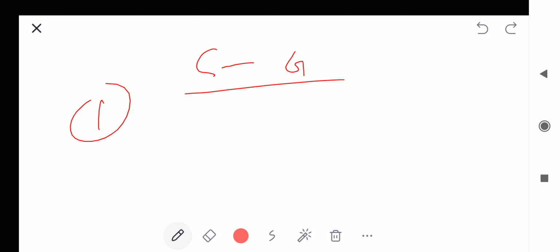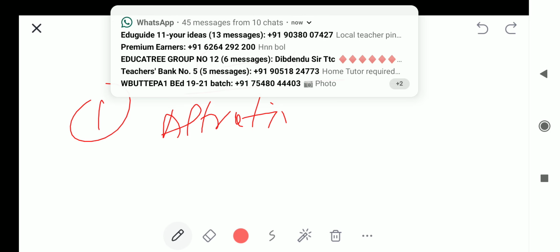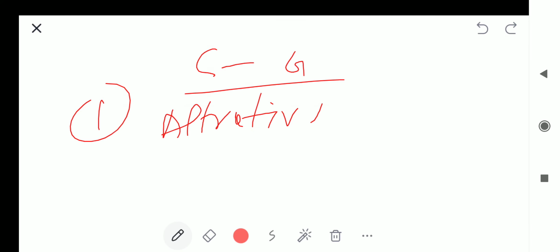The characteristics of gravitational force. First, it is an attractive force.